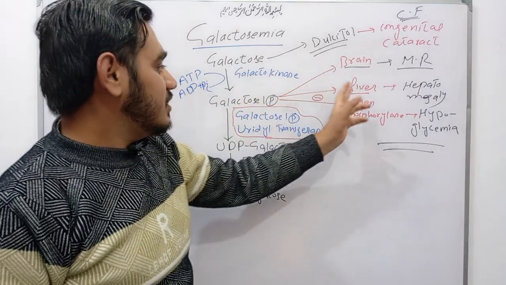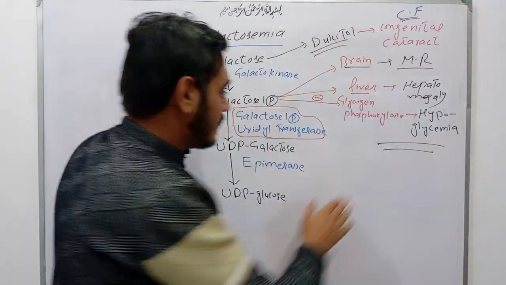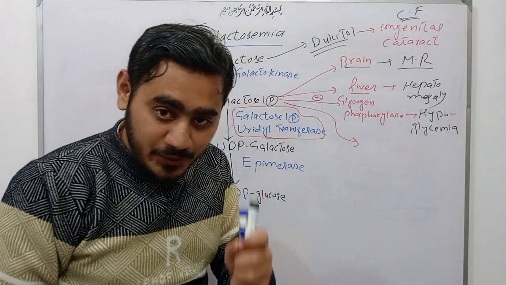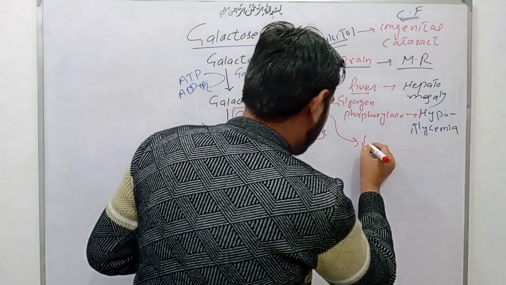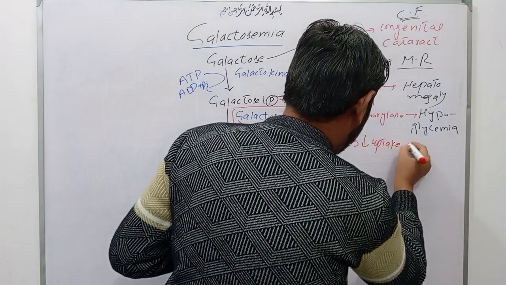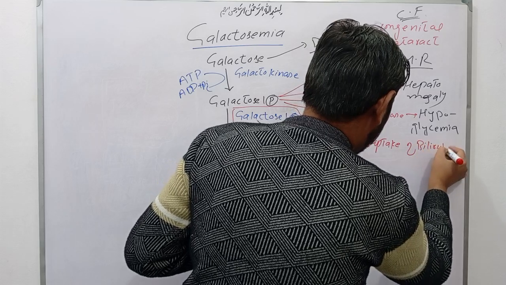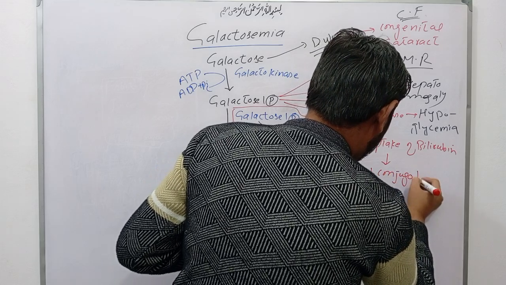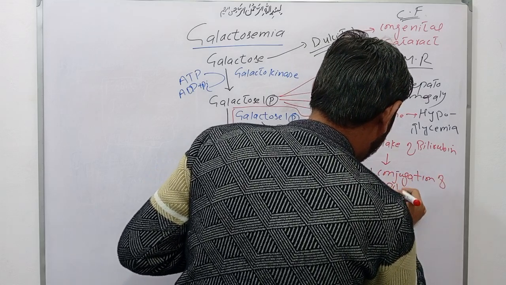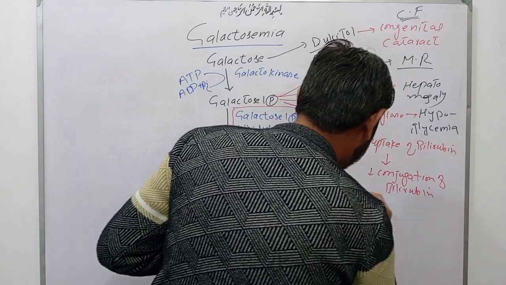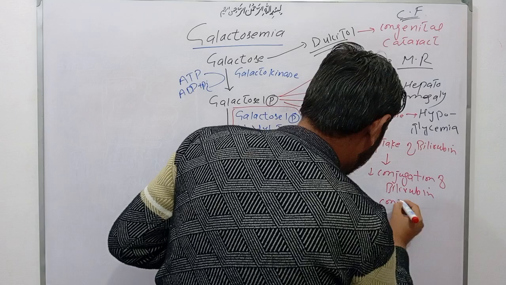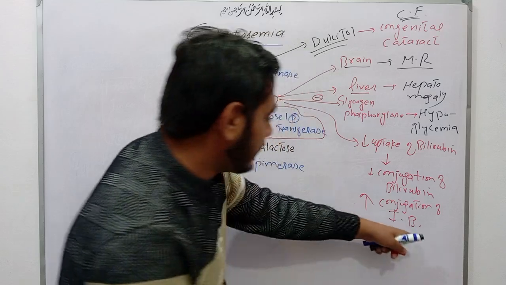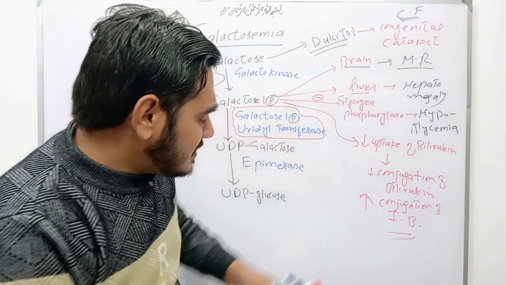This galactose 1 phosphate in the liver causes hepatomegaly, and it is also responsible for the decreased uptake of bilirubin by liver cells, decrease in conjugation of bilirubin, and increase in indirect bilirubin.